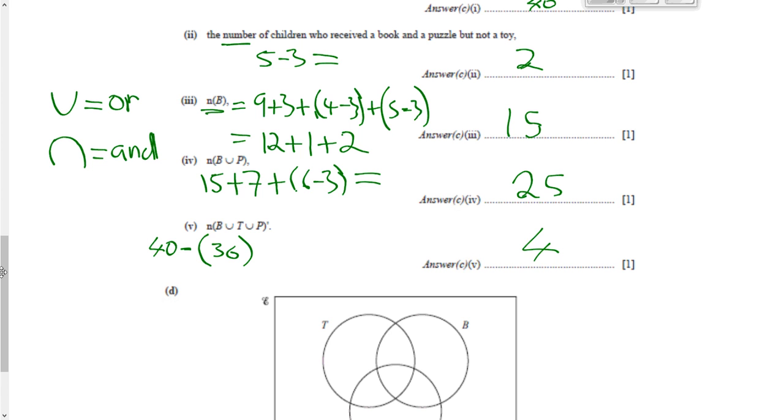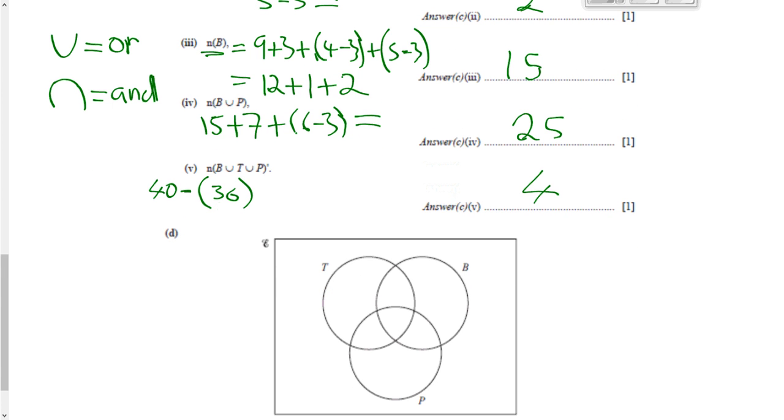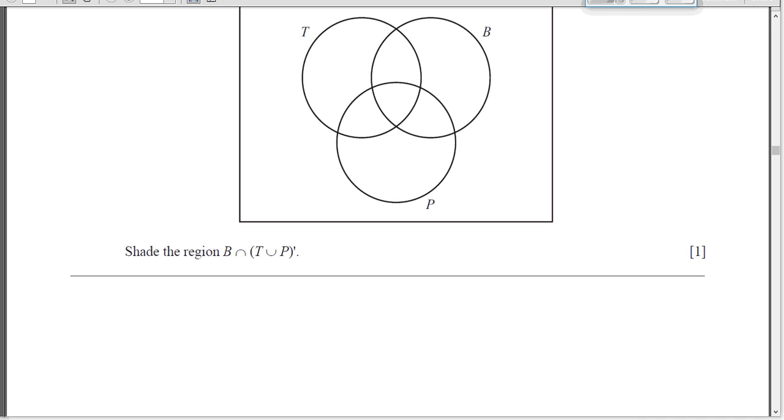And last but not least, we've got part D here. I think I've missed part of the question here, but let me pull that up.